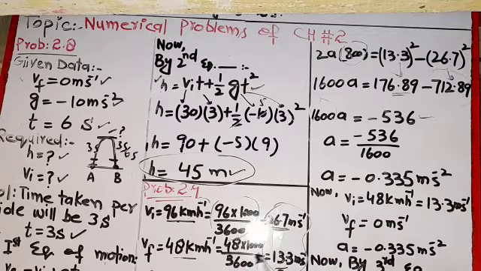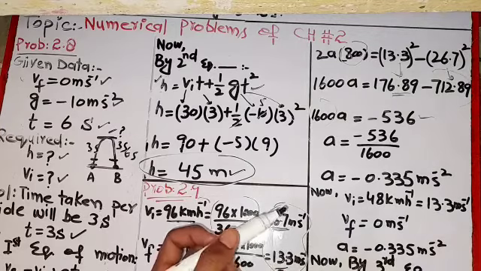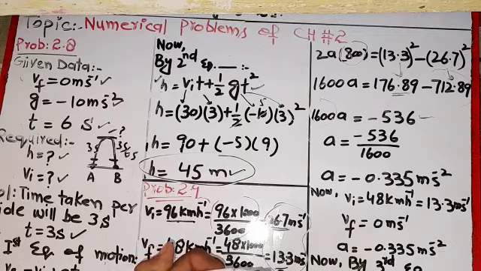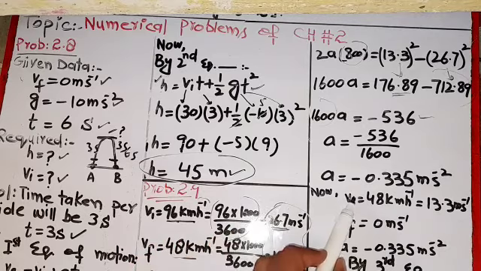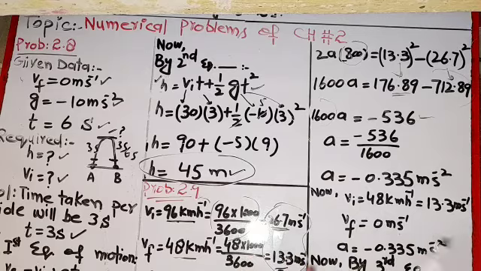Now the initial velocity becomes the final velocity, because the train will stop after some seconds. So the initial velocity will be 13.3 meter per second and the final velocity is 0 meter per second.